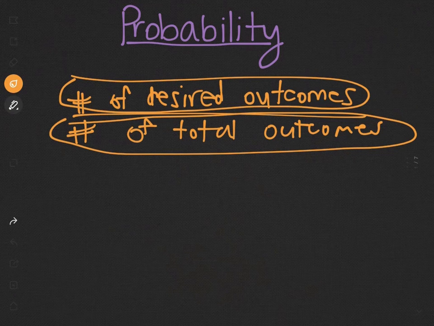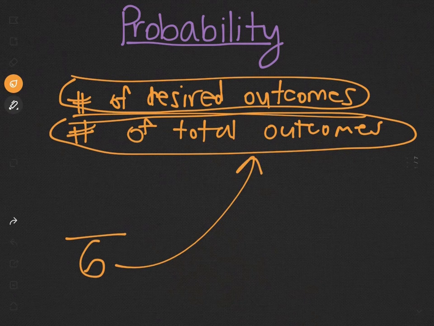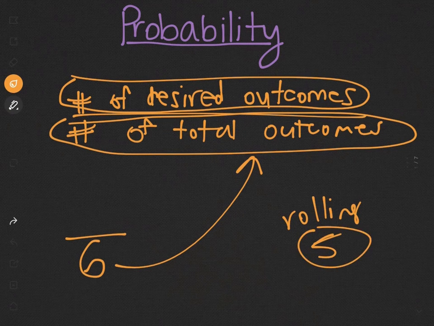So for example, the most famous example, rolling a dice. A dice has 6 faces, right? So that means there are 6 possible outcomes, which corresponds to this number right here. And if I want to find the probability of rolling, let's say, a 5, well, rolling a 5 is just one of the possible outcomes, because there's only one 5 on the dice.